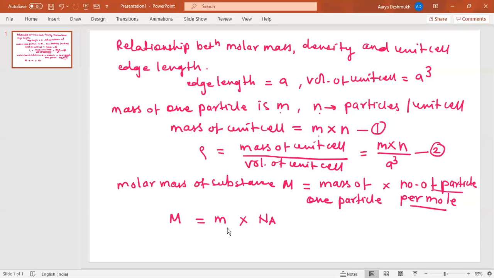Now you can rearrange this equation as small m equals capital M upon Na, where capital M is the molar mass and Na is the Avogadro number.